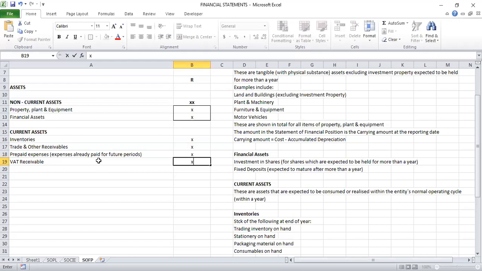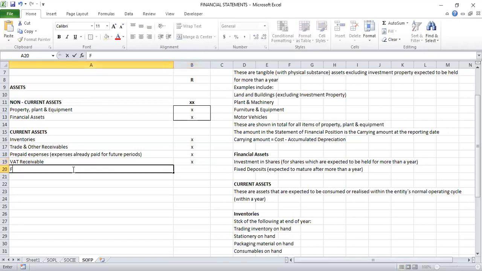At the end of the period, they compare the VAT that they've been charged to the VAT which they've charged their clients. So then they will see if they owe or are owed. So if your VAT input is more than the VAT output, that is the VAT that you've been charged by your suppliers is more than the VAT that you've charged your clients, SARS will then have to refund you the difference. So that will be an asset which is VAT receivable.